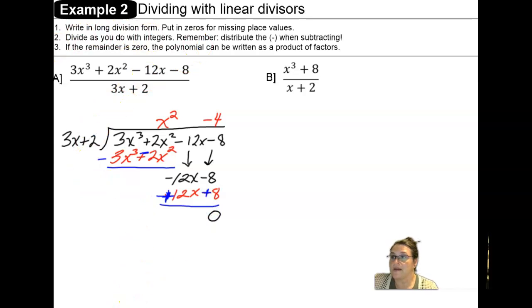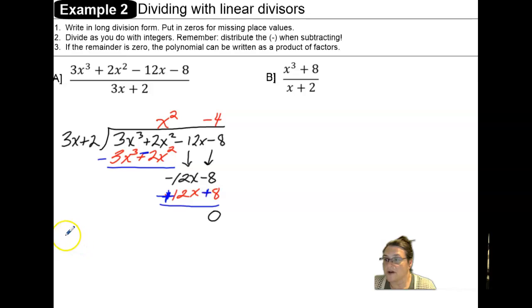Okay, step 3 reminds me about the factor theorem, which we just learned says that if the remainder is 0, then the polynomial can be written as a product of factors where the divisor is a factor and the quotient is a factor.